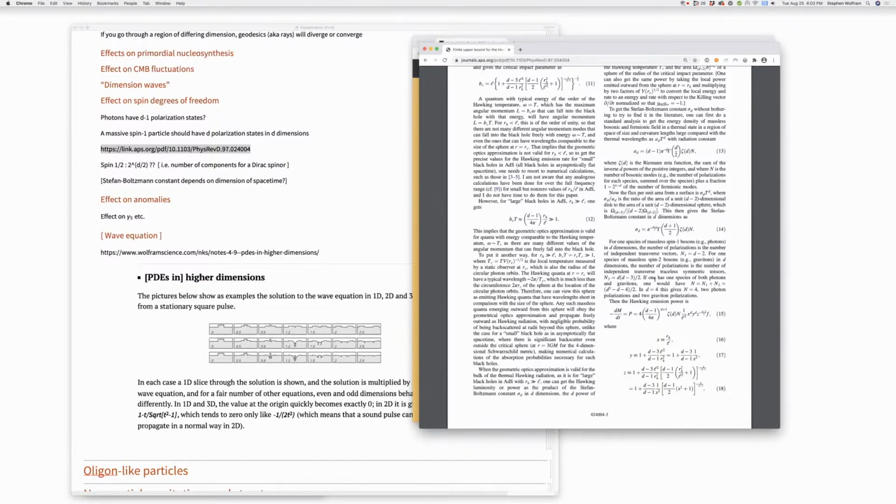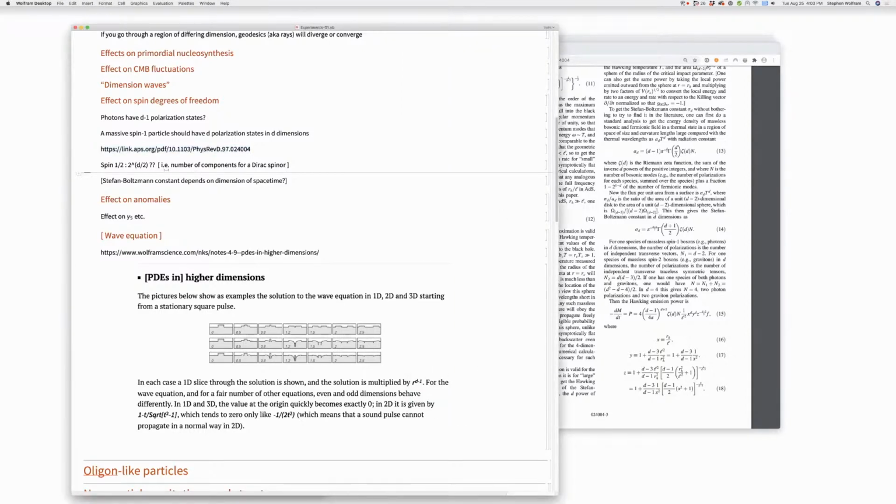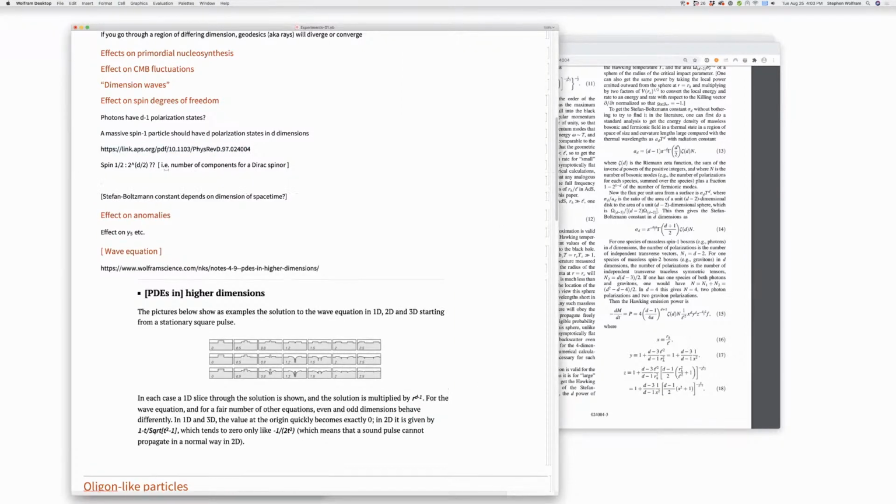Okay, he says it's D times D-3 over 2. Graviton. That's going to lead to funky things happening. If you have dimension change, it's going to lead to funky things for polarization of gravitational radiation.